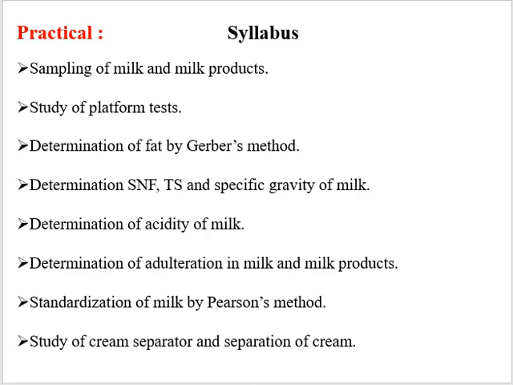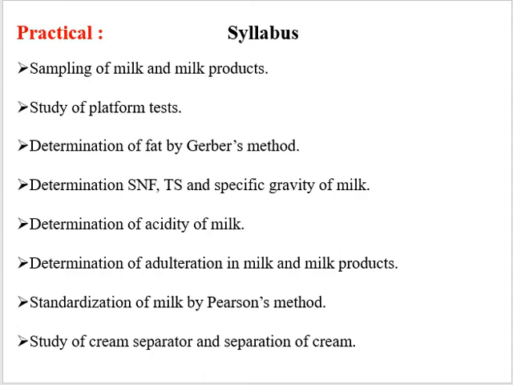When the milk is abnormal, that milk is not fit for processing as well as pasteurization. This abnormal milk is unfit for human consumption, so this milk is rejected based on the platform tests.